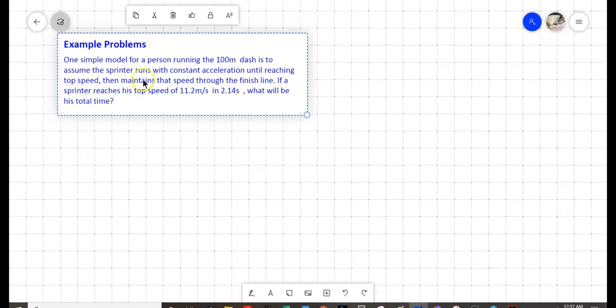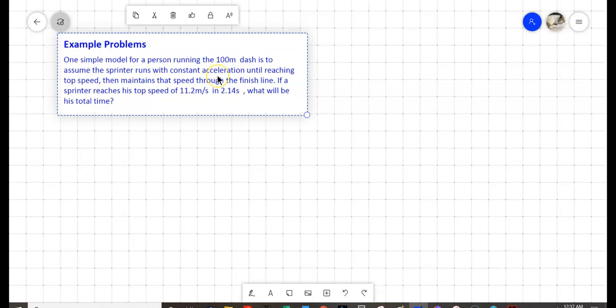So they're going to be accelerating to the point where they hit a constant velocity, and then they maintain that constant velocity all the way until the finish line. The sprinter can reach their top speed of 11.2 meters per second in 2.4 seconds. What's the total time of the 100-meter dash?